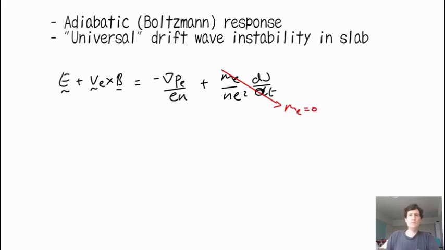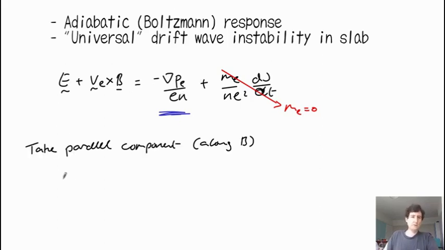I'm just going to look at the effect of this term essentially, the electron pressure along the magnetic field. So we'll take the parallel component of this equation, taking the dot product with the unit vector in B. Of course this term then vanishes, so the J cross B term doesn't enter into this.